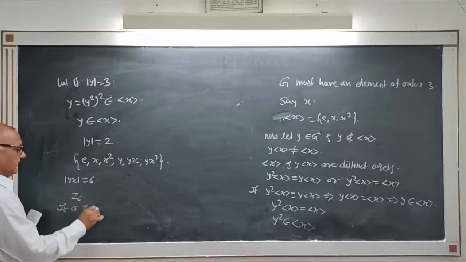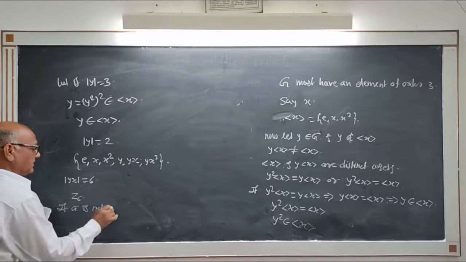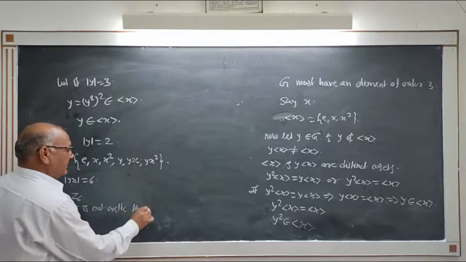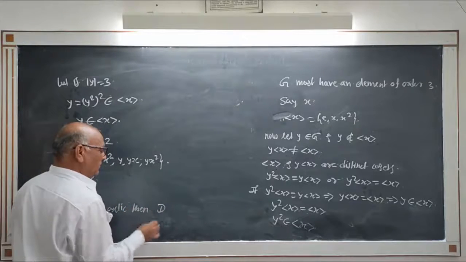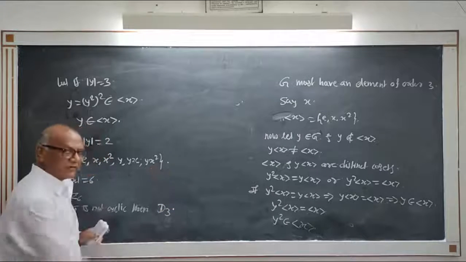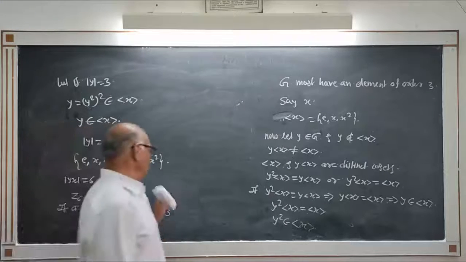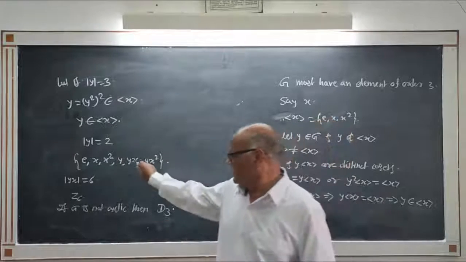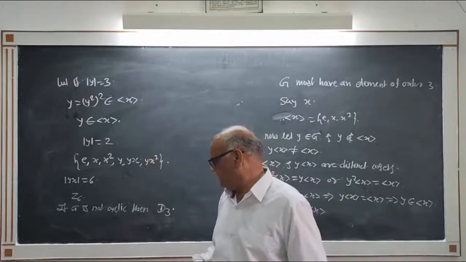If it is not cyclic, then it is isomorphic to D3. The elements of D3 are also like this.